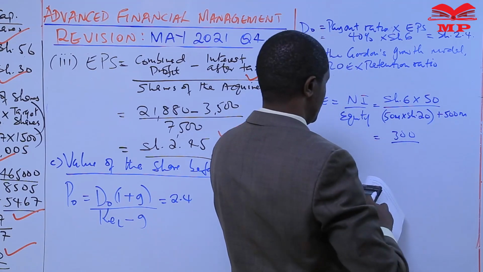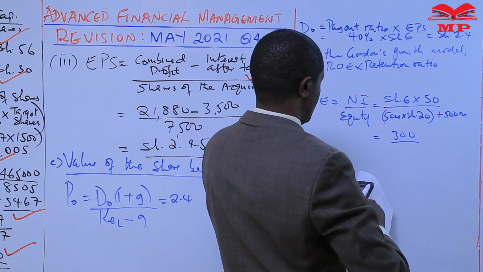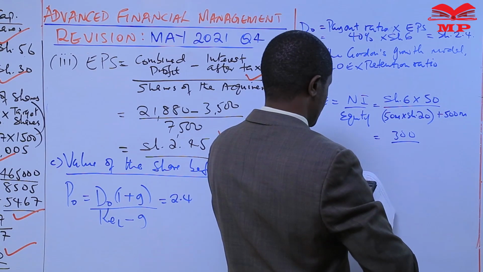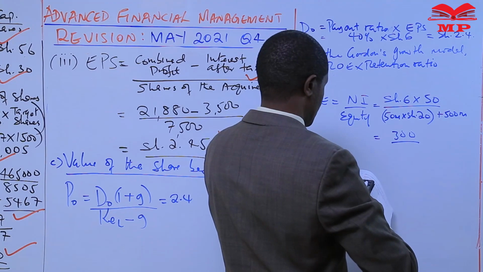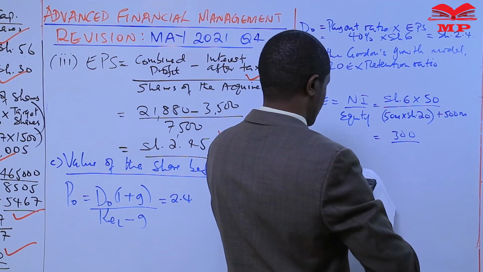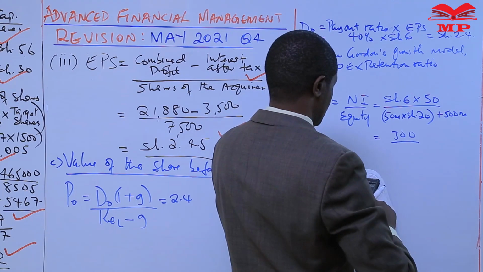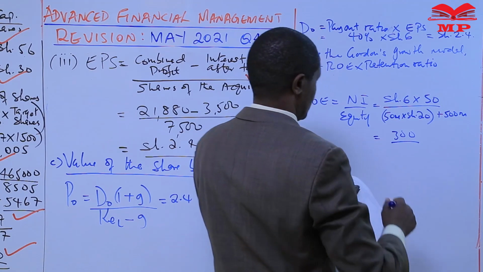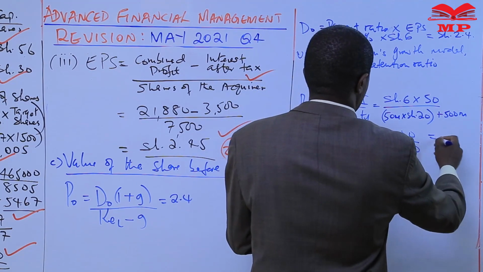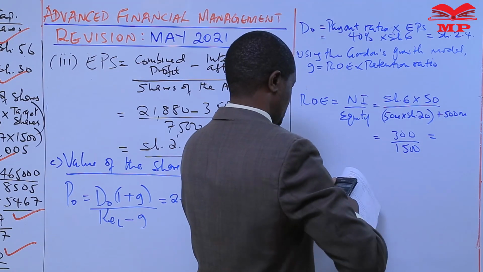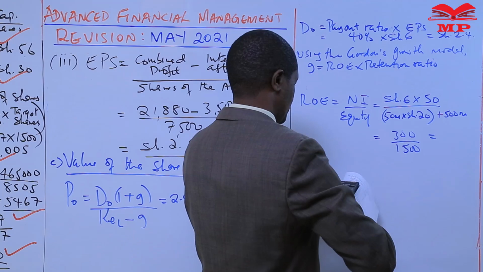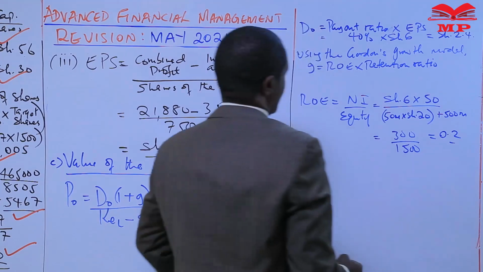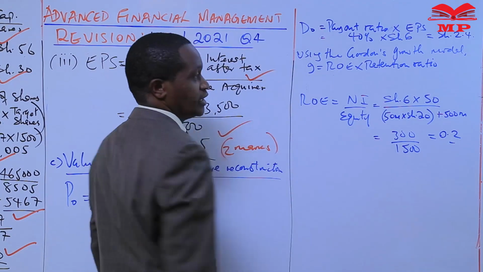We are going to divide by 50 million times 20 plus 500, which is 1,500. That will be equal to 300 divided by 1,500, which is 0.2. So 0.2 is the return on equity.